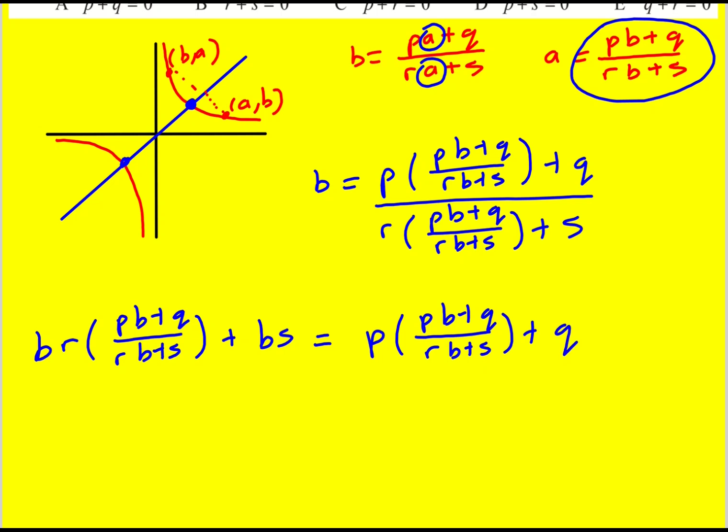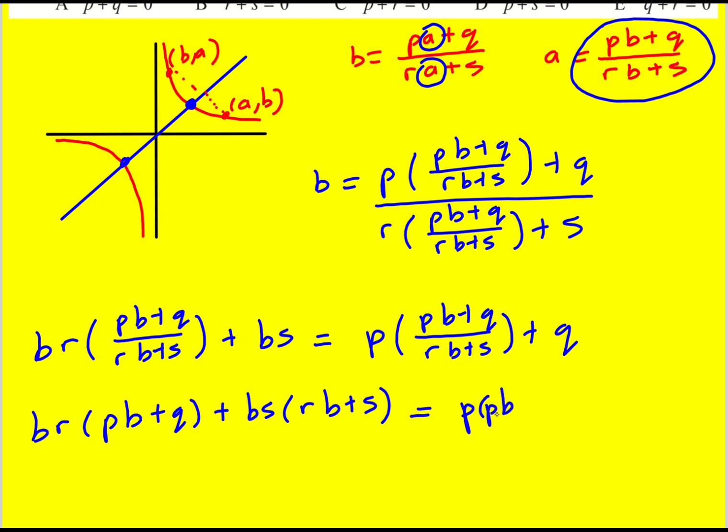I'm going to multiply now through by RB plus S. So then I'll get BR times (PB plus Q) plus BS times (RB plus S) equals P times (PB plus Q) plus Q times (RB plus S).